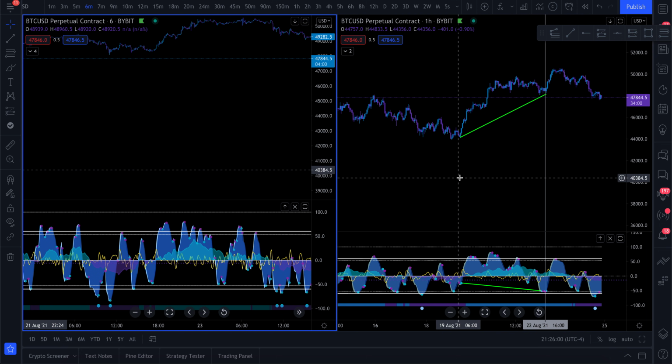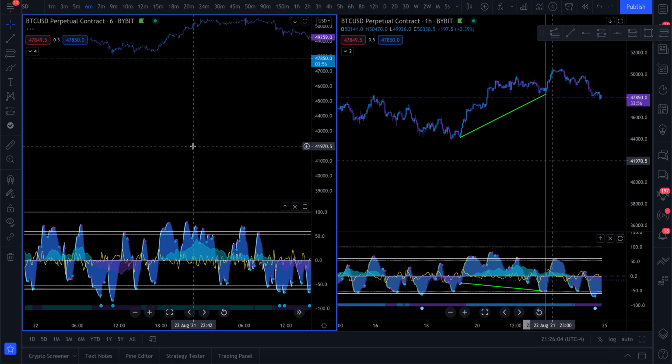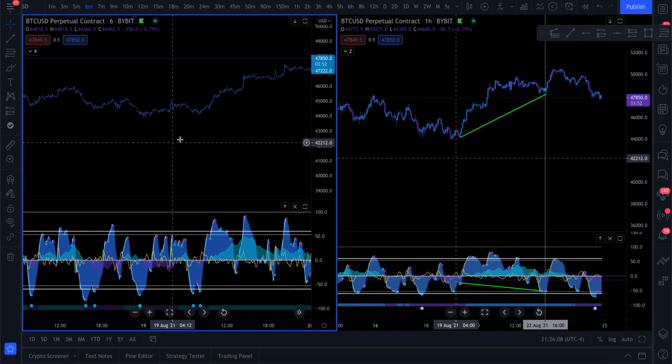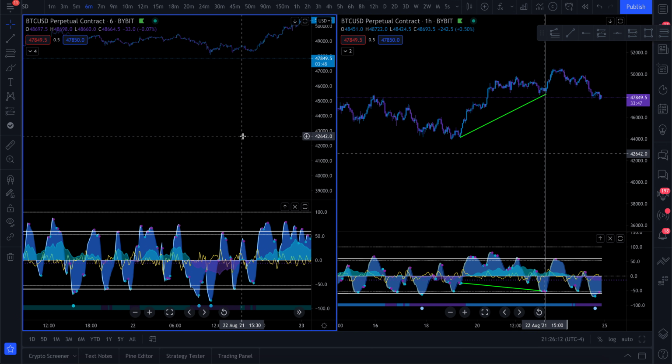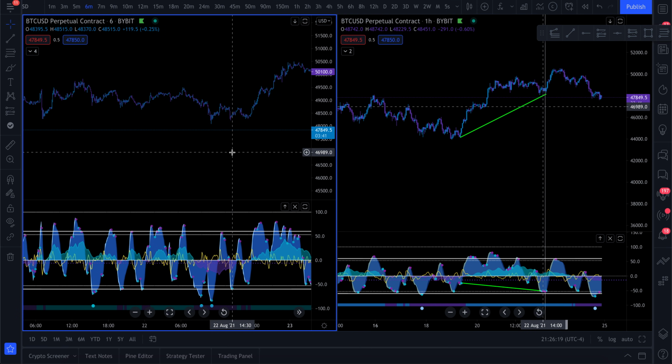That was August 21st. No, wait, August 19th. We'll go back to August 19th. What do we see there? Okay, so we start to print our divergence right about here. Now, yeah, look at this, guys.